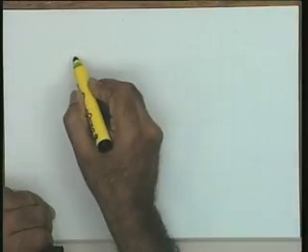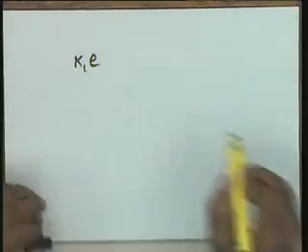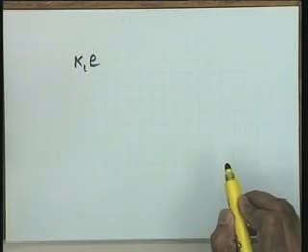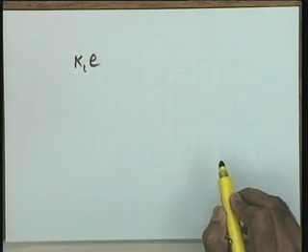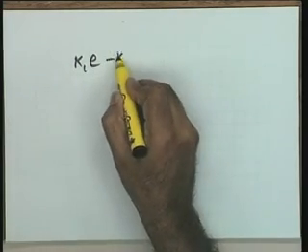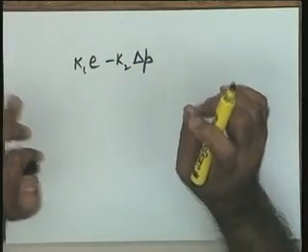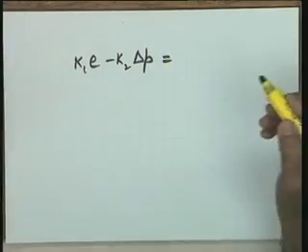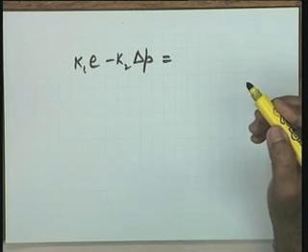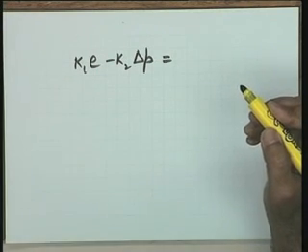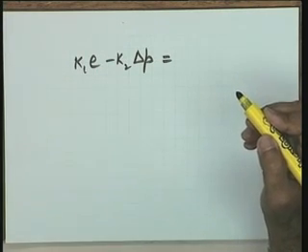The equation was K1 into E, where x earlier was taken as the spool movement and now it is the variable E, minus K2 into del P, where del P is the pressure difference across the power piston, is equal to, come on, let me see whether you recall. What is this expression equal to?